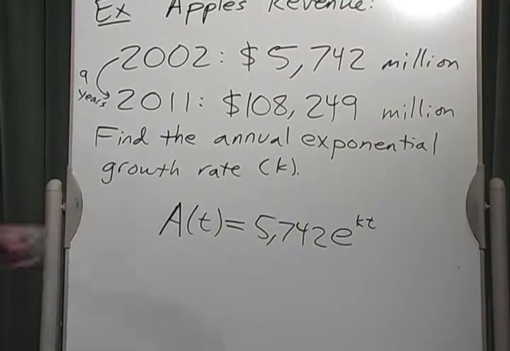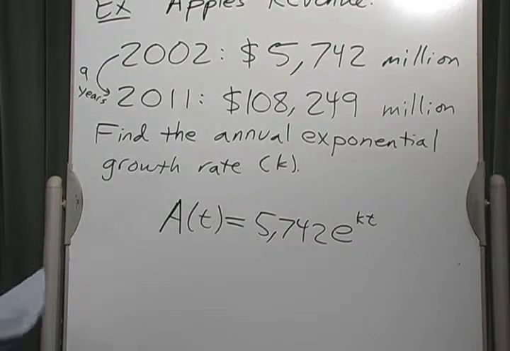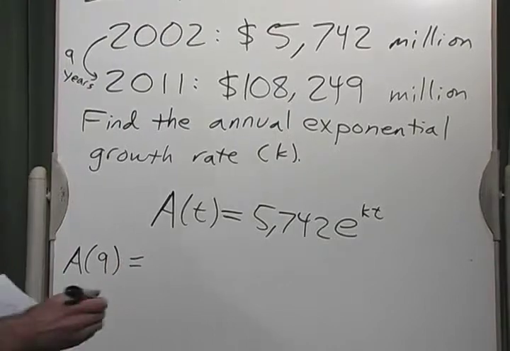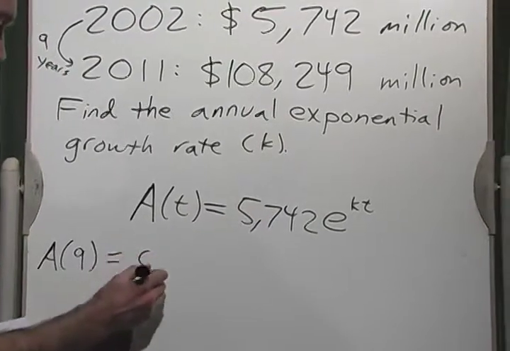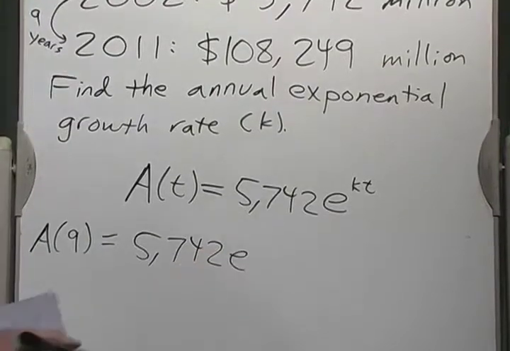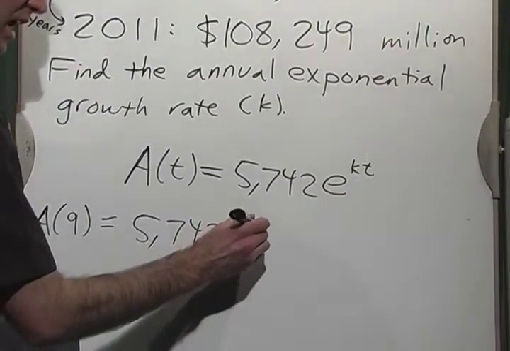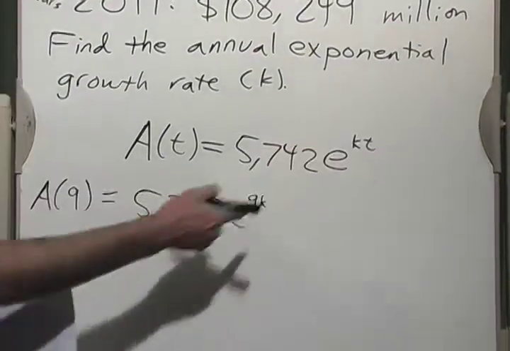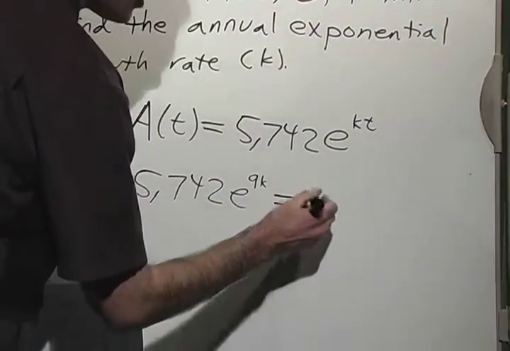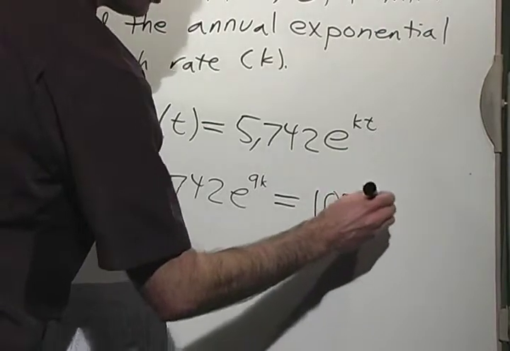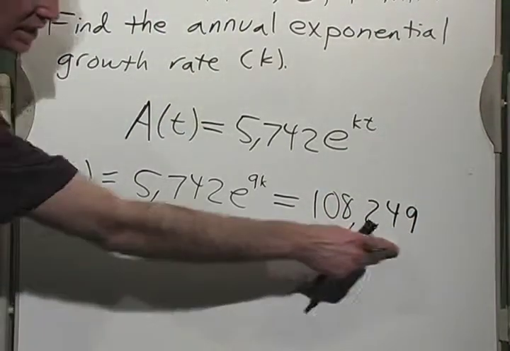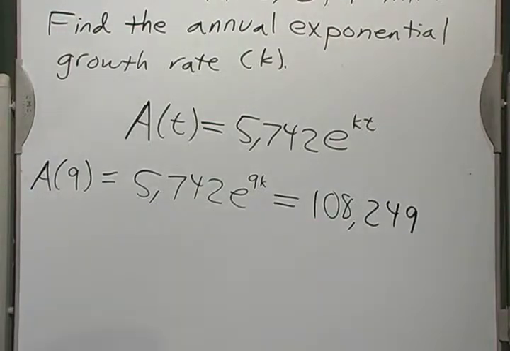But I do know that 9 years later, A of 9 is equal to 5,742 times e to the 9k. But I also know that number. It's 108,249. So this gives me an equation to solve.